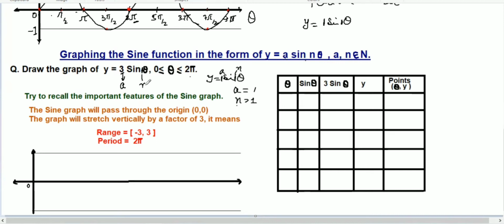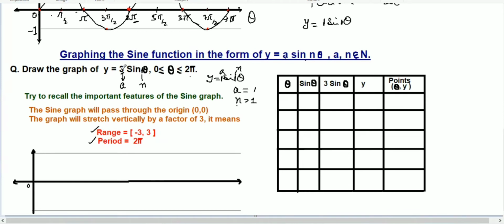In front of sine theta there is a 3, it means the graph will stretch vertically by a factor of 3. We need to know the range and period of the graph.